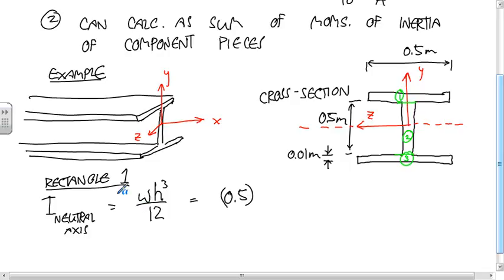What's the height of rectangle 1? Yep, it's 1 centimeter. We're just looking at that one rectangle. And that's cubed and then divided by 12. Could you calculate that? 4.17 times 10 to the minus 5 meters to the 4th.